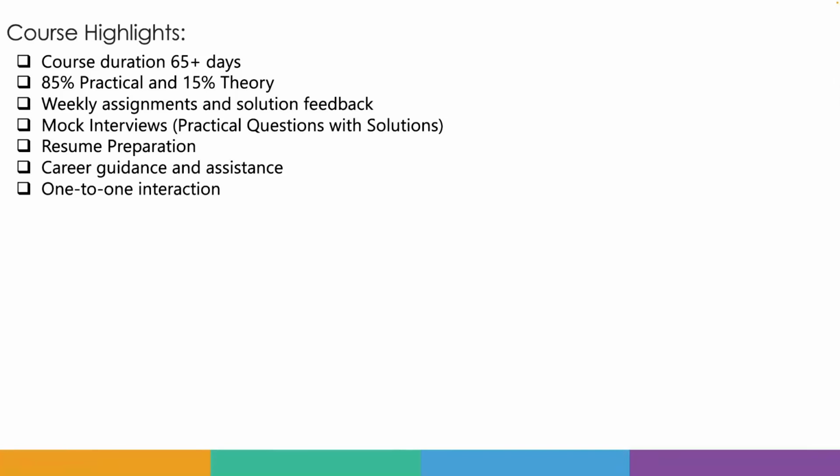We start from practical on day one, guys. Initially, just to explain what is DevOps, what is DevSecOps, what are the different SDLC life cycles we use, what is Scrum, what is Agile, you might see some theory in the first week of the course. But on day one, we start with practical stuff.